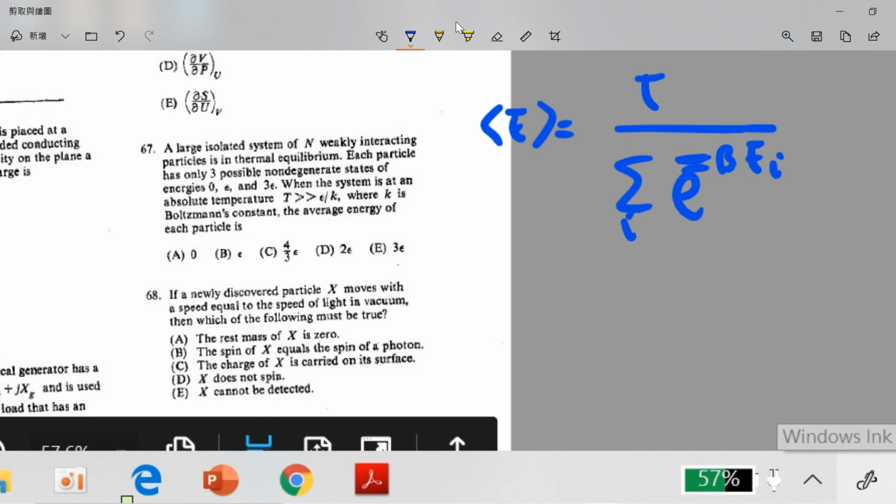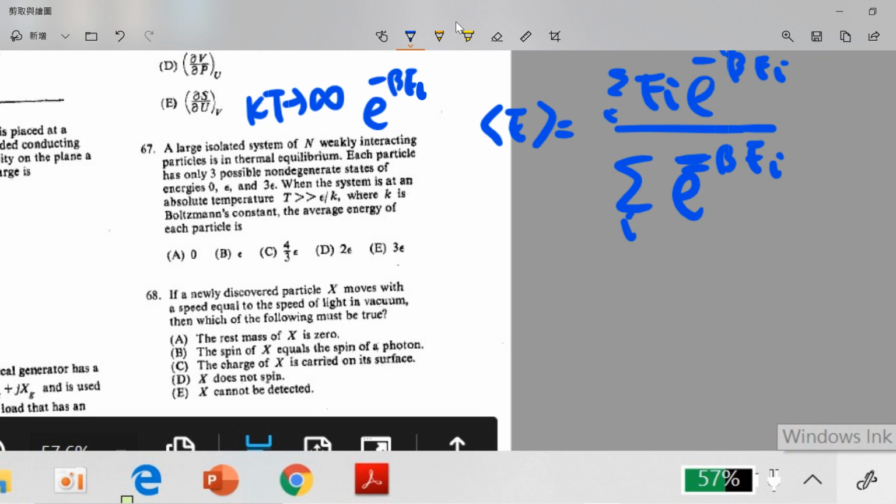So this is your average. So when the temperature kT is very high, it means that exponential minus beta E_i goes to 1, because this beta is 1 over kT. So this is very close to 0. So exponential minus 0 is 1.